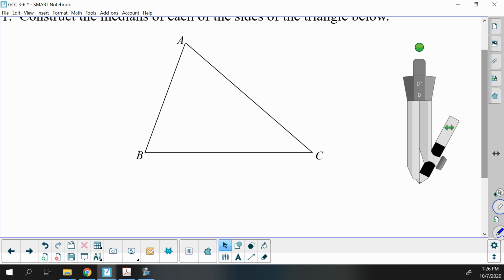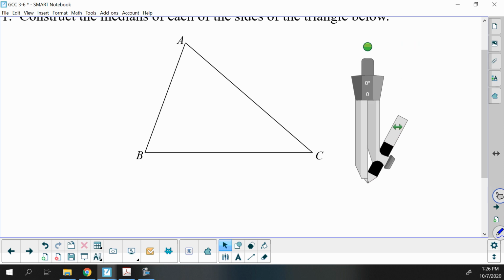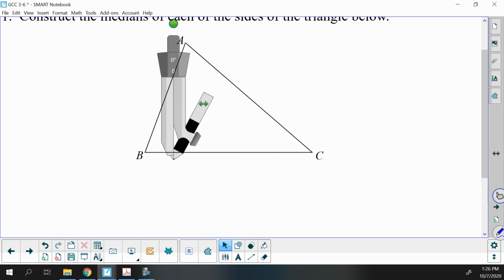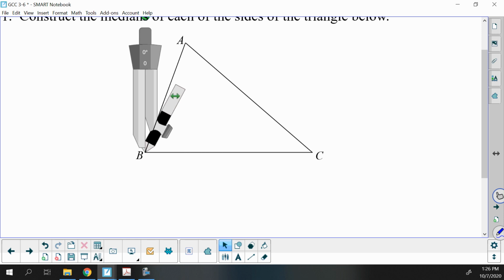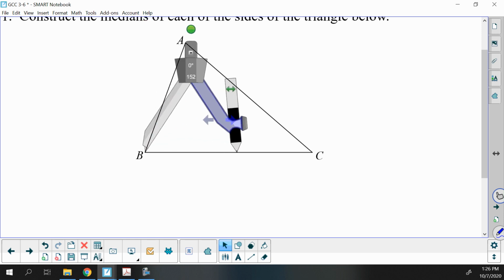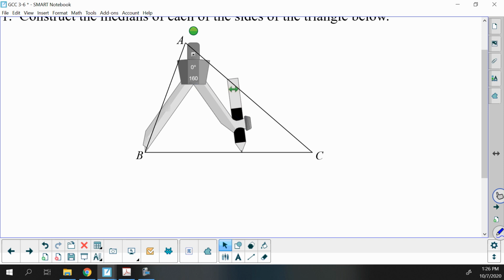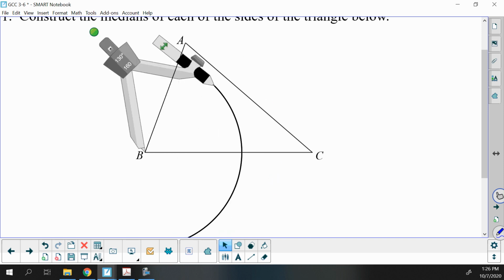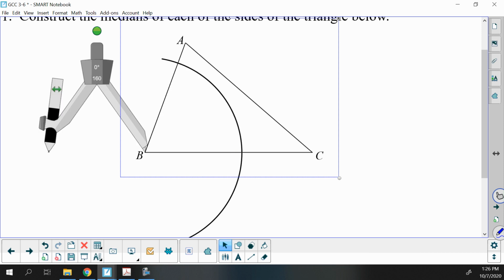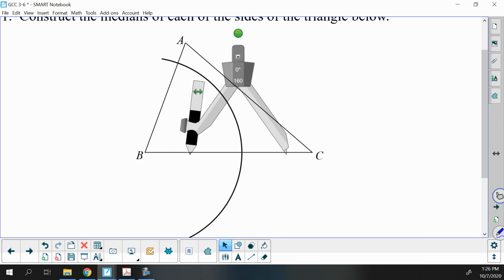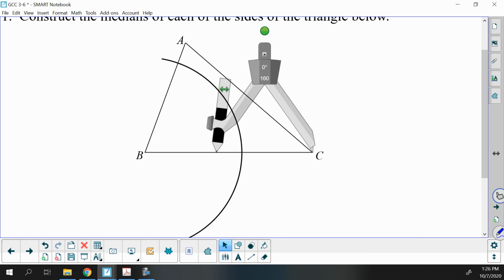To find out the midpoint, we need to do our perpendicular bisector of each side. So I'm going to start with BC. Perpendicular bisector, you have to be over halfway. We'll do our swoop up and swoop down. And then we'll flip-flop it. Put your point on the other vertex.